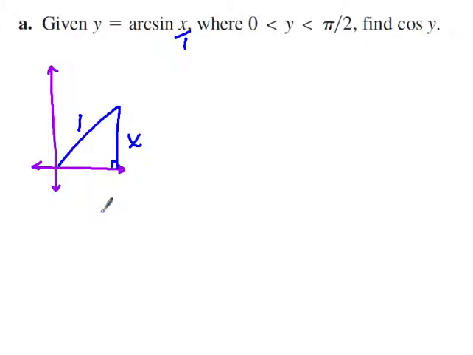To find this missing third side, I've got x squared plus, let's call this b squared, since that's the Pythagorean theorem, equals 1 squared. So let's go ahead and solve for b. Basically I get b squared equals 1 minus x squared.